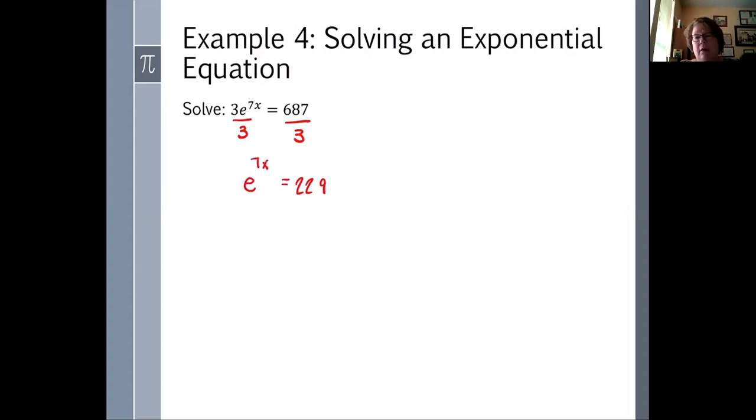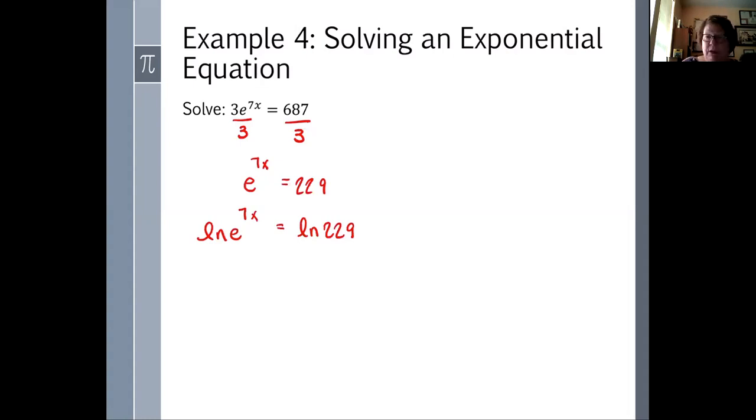All right, now I look at my base, and my base is e, so I'm going to take the natural log of both sides. Now, the natural log of e to the 7x is just 7x. The log base e of e to the 7x would be just 7x, because what would you raise e to get e to the 7x?